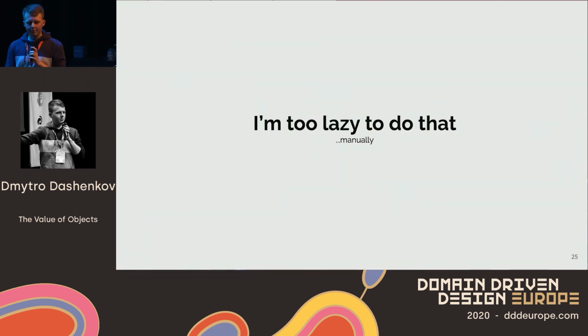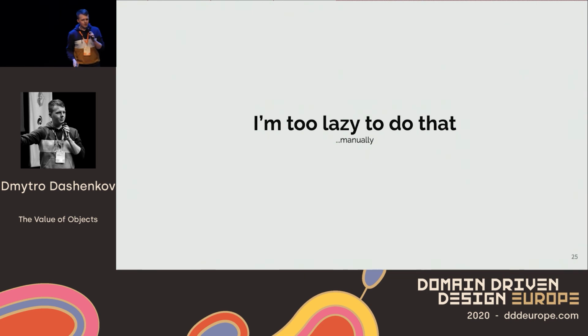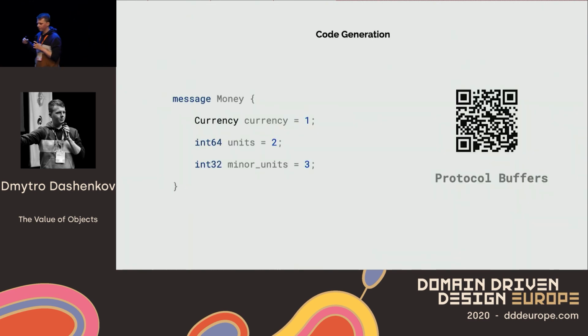But there is a problem, and I'm personally too lazy to do that manually. Luckily, we have solutions to help ease us into the adoption of value objects. In my projects, we use Google Protobuf, which is a technology for generating structures in many languages from a single source.